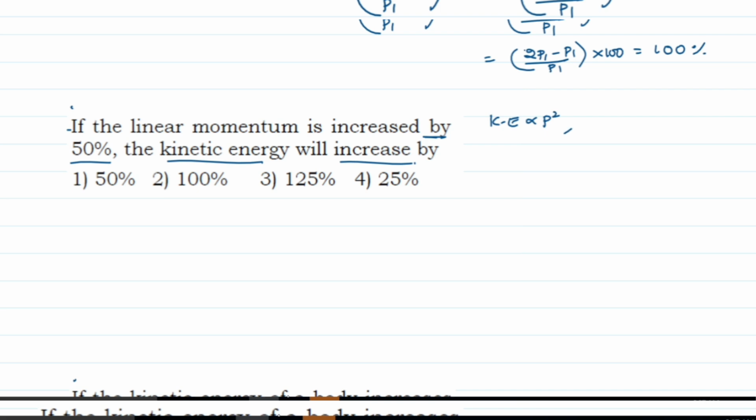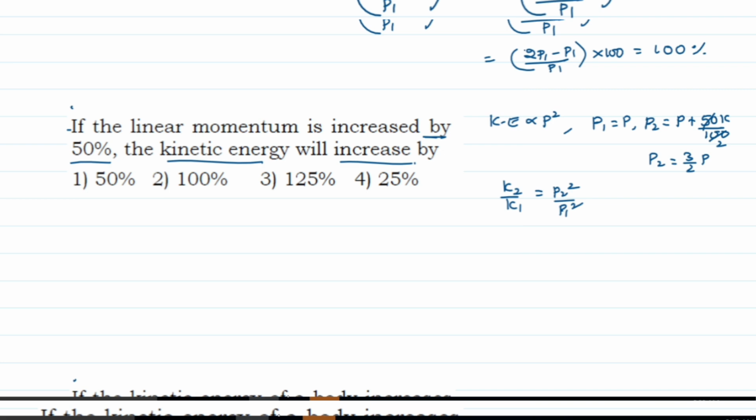Let us take the initial momentum as P, and the final momentum increases by 50%, so 50 by 100 times, which is 1 by 2. So the final momentum you will get as 3 by 2 P. Now take K2 by K1 equals P2 square by P1 square.